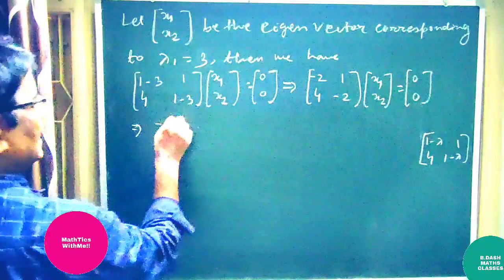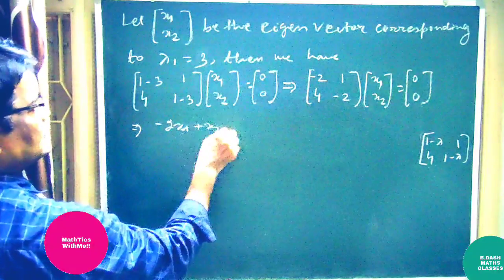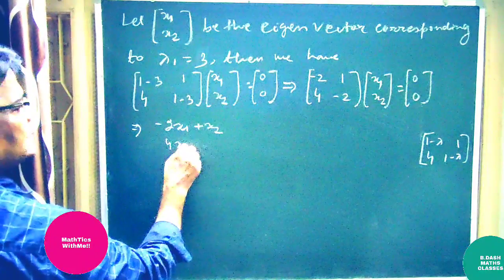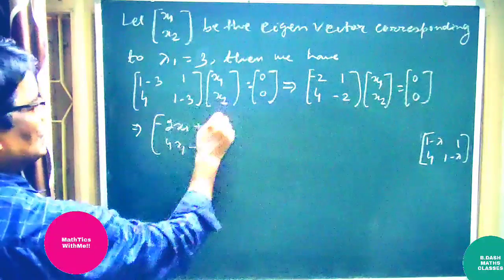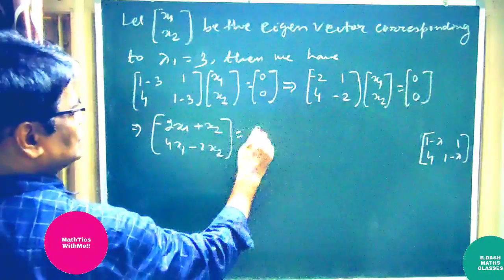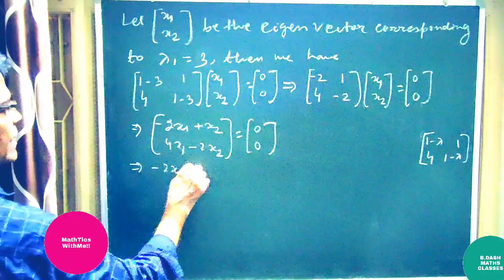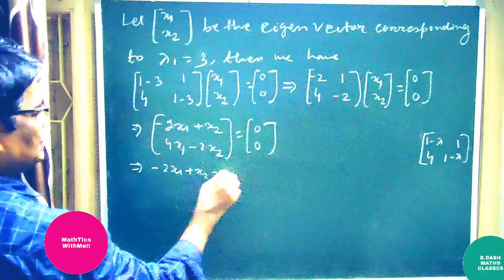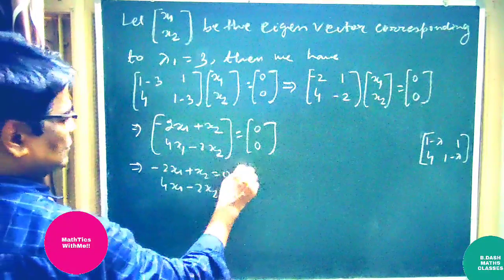So this implies [minus 2x1 plus x2, 4x1 minus 2x2] is equal to [0, 0]. So this implies minus 2x1 plus x2 is equal to 0, 4x1 minus 2x2 is equal to 0.